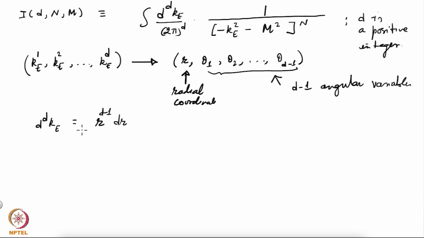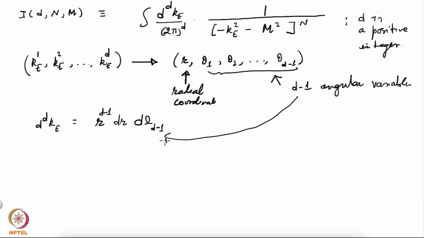If k is of dimension momentum, then r also has to have dimension momentum, and on the left you have d powers of momentum, so it's clear that you should have r to the power d minus 1. So that together with dr it makes d powers of momentum, and the remaining ones are angular variables, and the measure I will write as d omega_{d-1}. This is the volume element in the angular space, and this d minus 1 reminds you that you have d minus 1 angular variables.